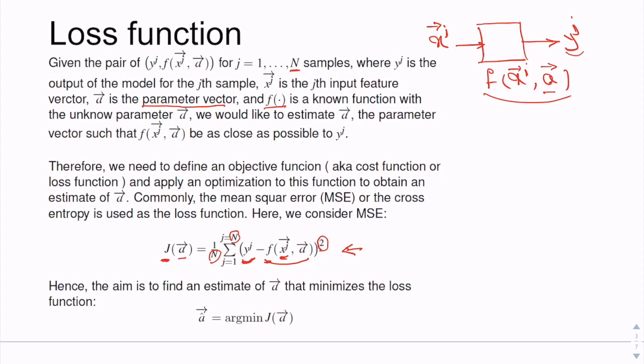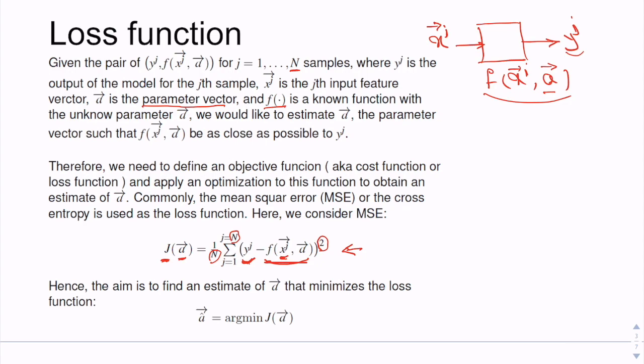So what is the goal? Now the goal is to find the parameter vector that minimizes this objective function, which basically means that if this function is minimized, the output of this classifier is as close as possible to the actual output. Also note that you can design your own cost function.